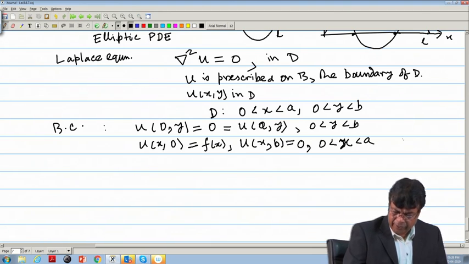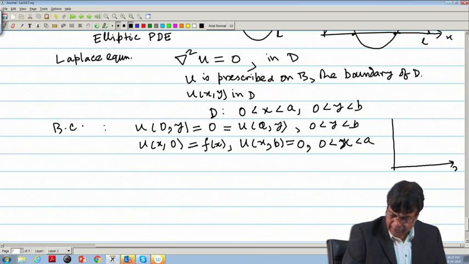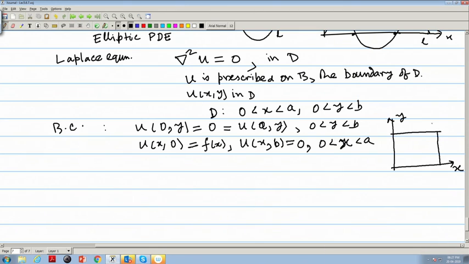Basically, we have a domain like this, this is x, this is y, with corners a, b, a0 and b0. The solution is to be found inside the domain D, and the four sides are the boundary, and u is prescribed on the boundaries.